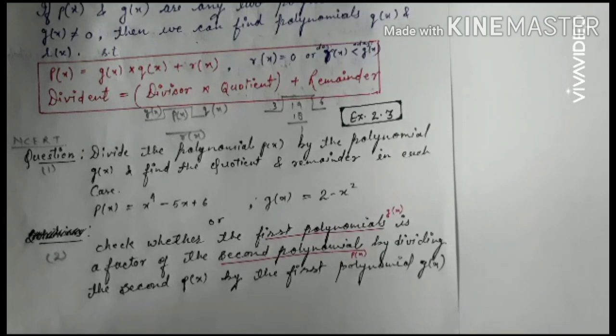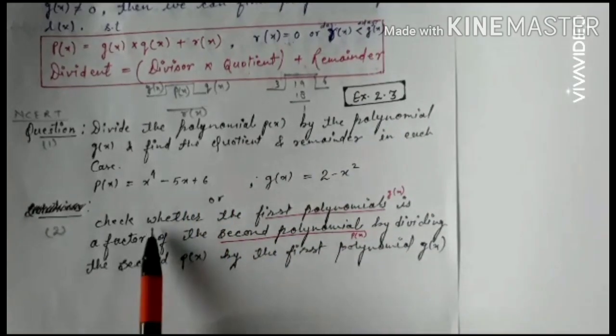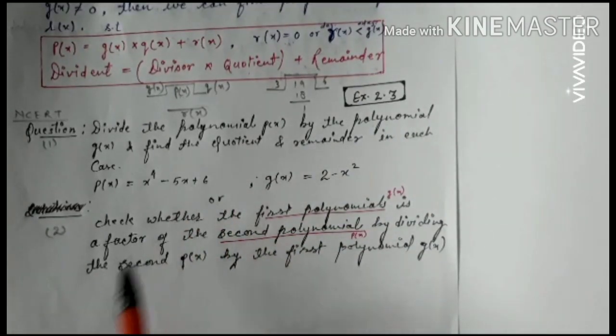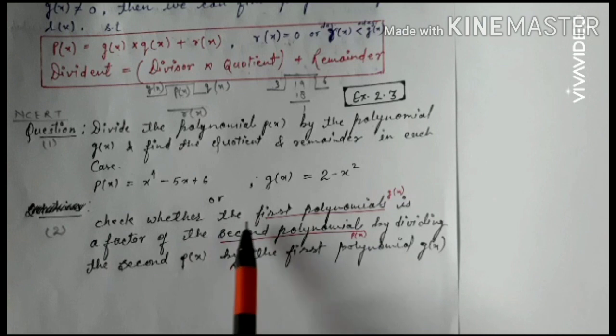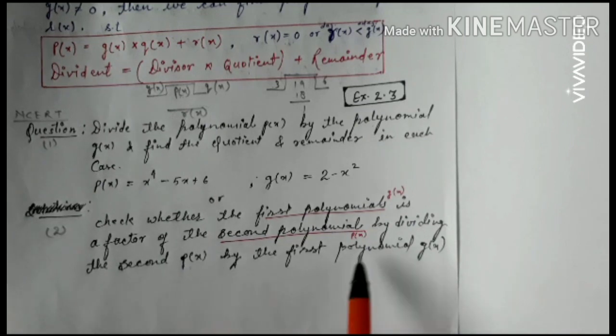Here is a question of NCERT, exercise 2.3, first question. Divide the polynomial p(x) by g(x) and find the quotient and remainder in each case. These questions are of two different types. Check whether the first polynomial is a factor of the second polynomial by dividing the second polynomial p(x) by the first polynomial.